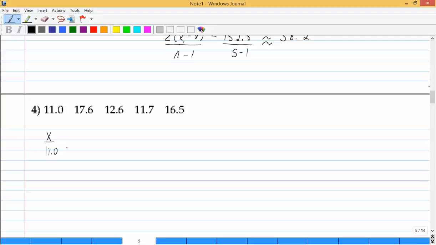So 11.0, 11.7, 12.6, 16.5, 17.6. I think I may have, let's see, that's only 5. Okay, so that's right. Now we're going to need to figure out the mean.